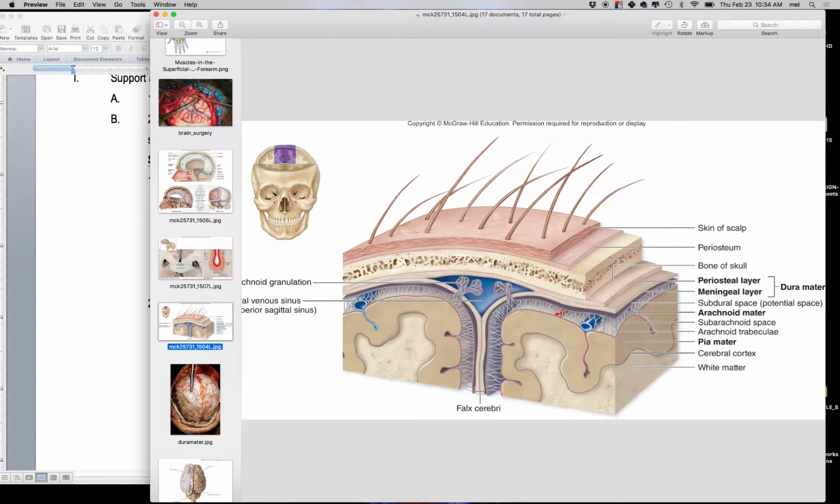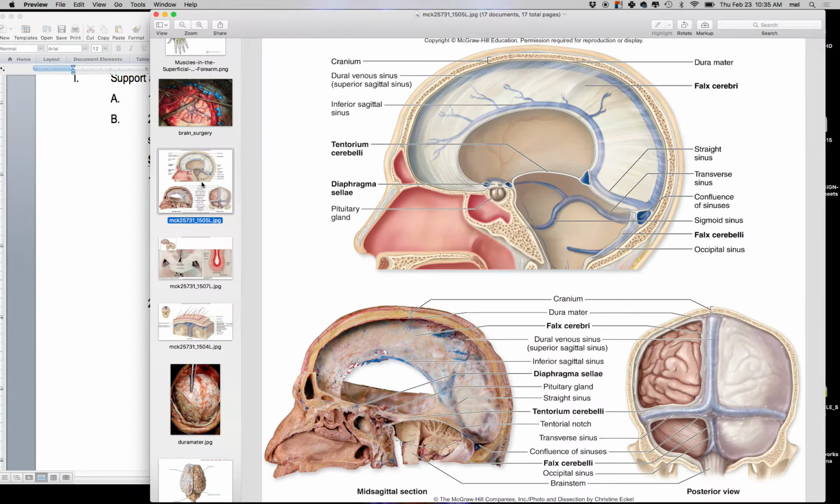You will learn them in lab. You'll learn them with the cardiovascular system chapters, but these are going to be really important because when we get through it today, you will see that they are the sites in which you dump old cerebrospinal fluid back into the bloodstream, the dural venous sinuses. So let me show you them collectively, realizing that you're not going to be responsible for naming them individually now. I just want to give you a big picture understanding of the blood supply being drained from the brain.